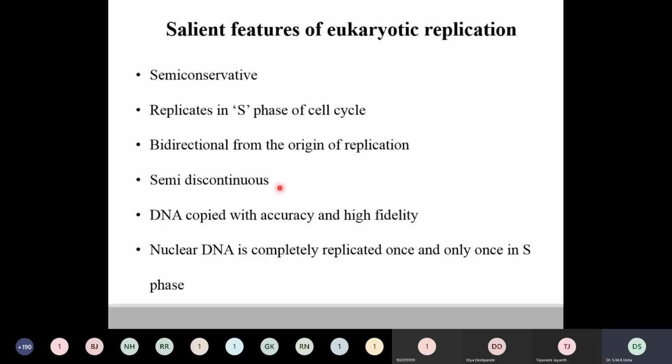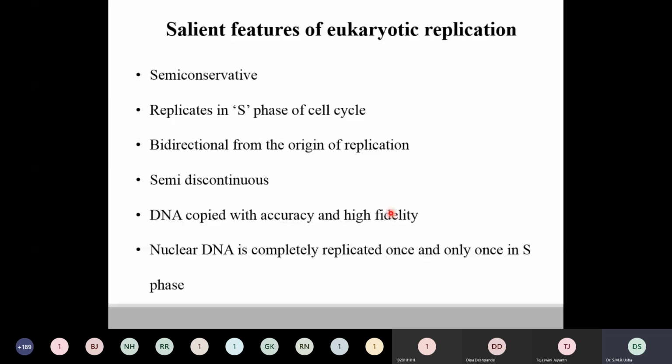It is semi-discontinuous. DNA copying process, that is replication, is carried out with accuracy and very high fidelity. See, exactly you should copy. The replicative enzymes are very good at copying. When they are copying, they have a proofreading mechanism. Suppose the bases are added as dictated by the base pairing rule. Suppose the one strand has adenine.